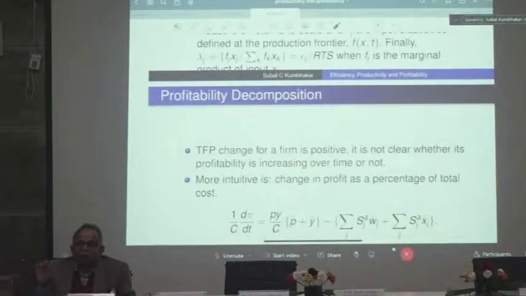If you try to explain what is happening to TFP change to somebody who does not know all those things, you will have a very hard time. But if you say that I'm going to be talking about profit change, then it's going to be a lot easier. You can just explain to a farmer that your profit change is positive, so you're doing much better than your neighbors, and that type of thing.